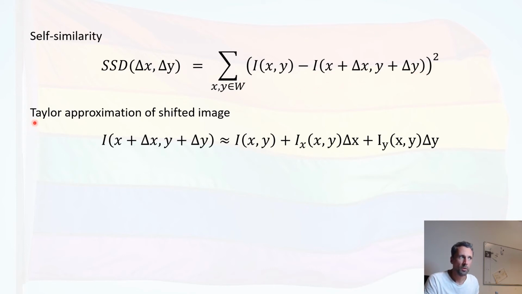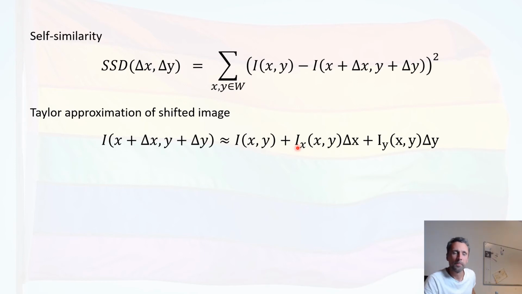So, the Taylor approximation just states that any function at the shifted location can be approximated by the image derivative at the original location times how much we shifted, right? So we kind of expect the function to be linearly approximatable.